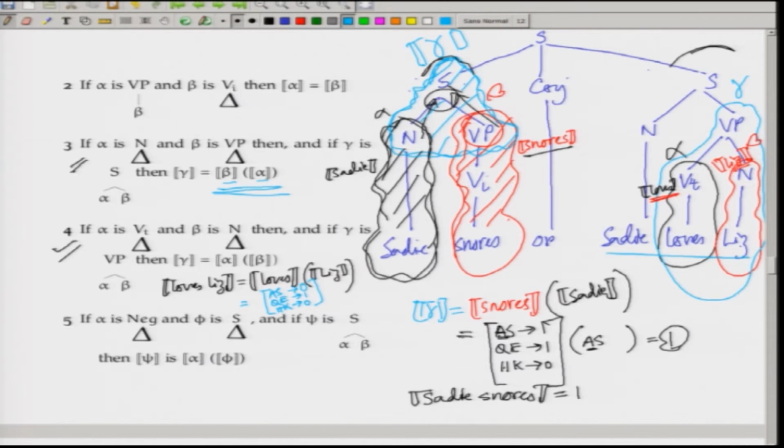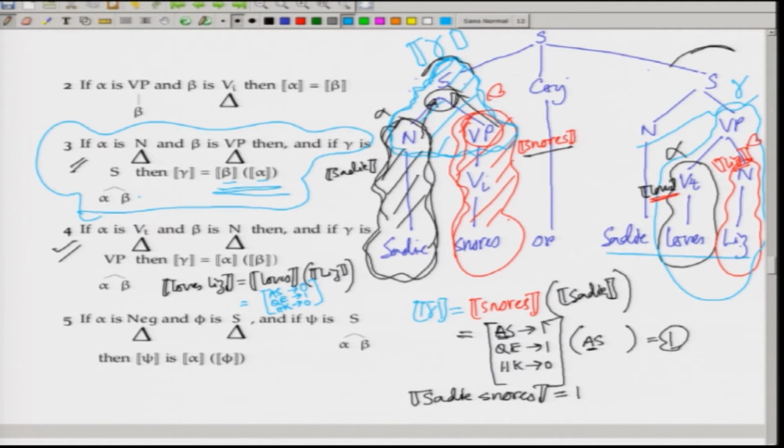And then we are now at the level of s goes to n and v p. So, where is s goes to n and v p? It is actually pretty much here. Rule number 3 will once again cover this case.